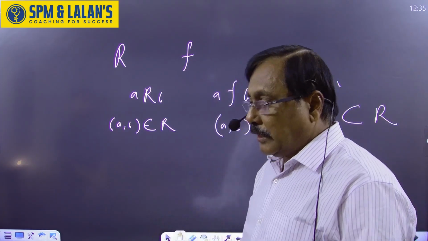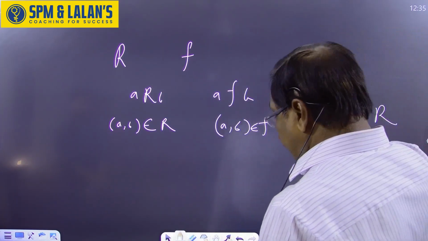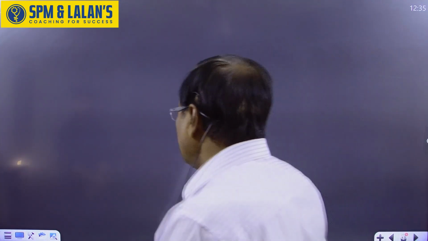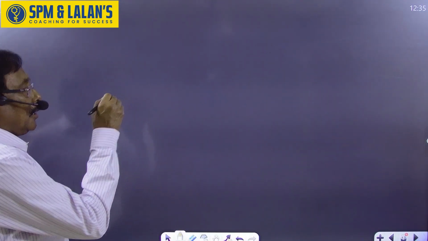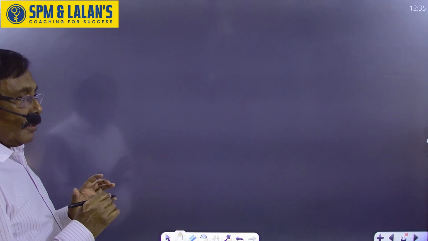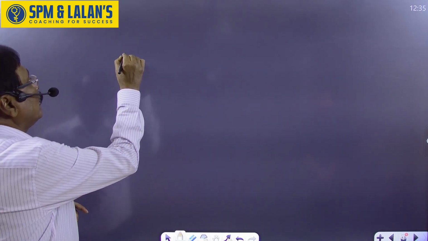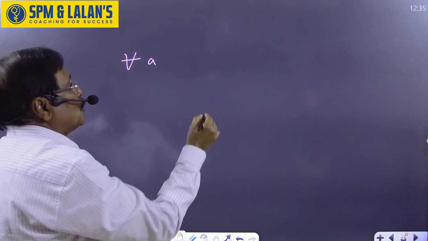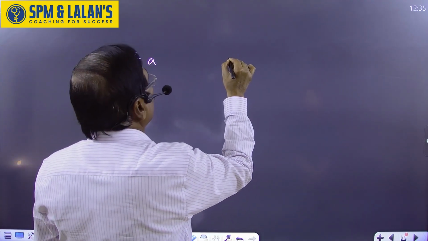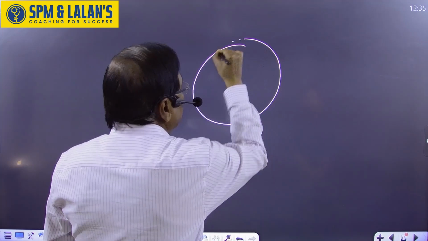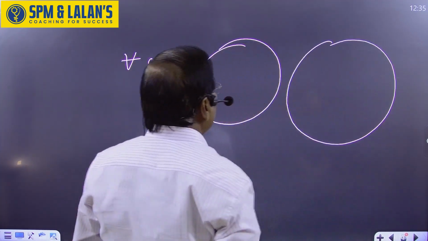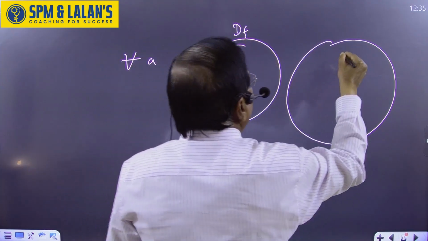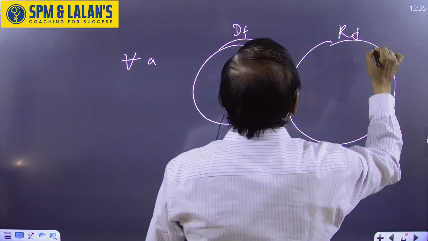See one thing. In a function, for all values of A, there should be a unique value in the mapping. This is called the domain of the function, and this is called the range of the function.